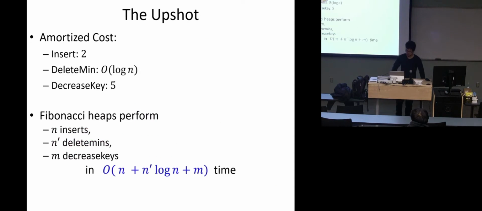So the upshot is that the amortized cost for insert is just 2, for delete min is log n, but for decrease key, it's 5.